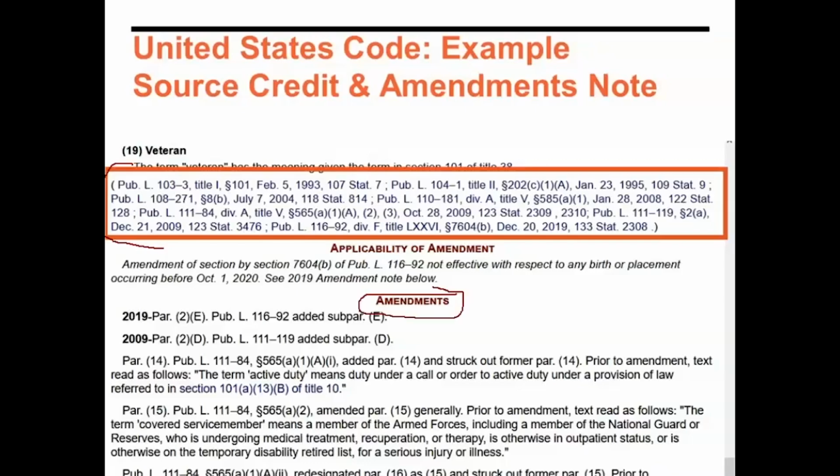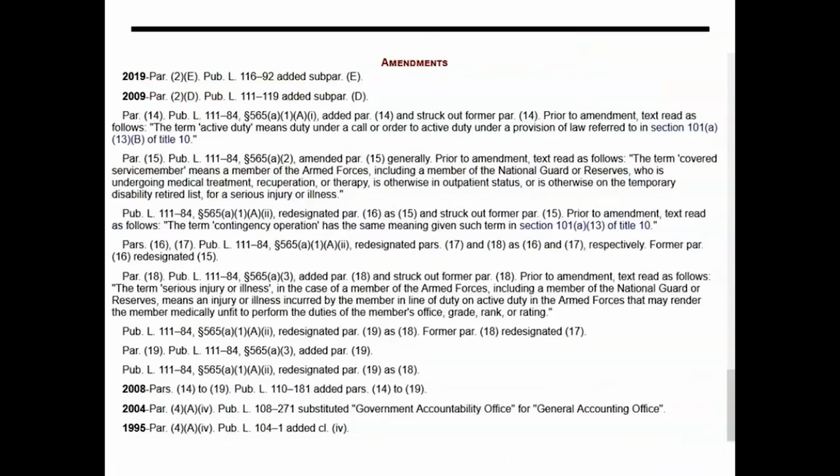Here's that amendment section, and I'm going to go to the next slide to show you the whole thing. Okay, here's a screen grab of the whole thing. Underneath those source credits, you're going to see these amendment notes. These will explain how the section was amended over the years. As we scan down the notes, each one is identified by year, and then which section was amended, and then by which law, and a little note about how it was amended.